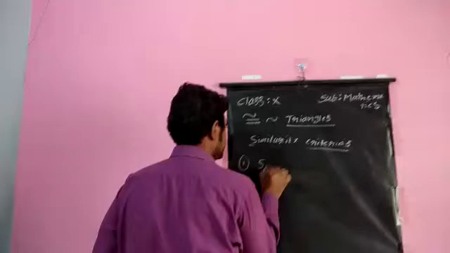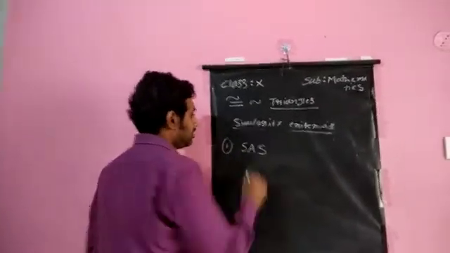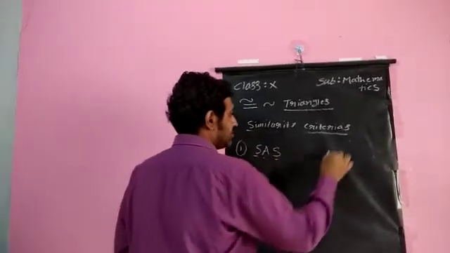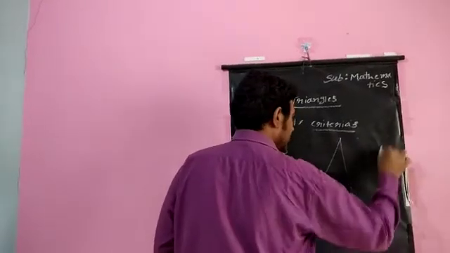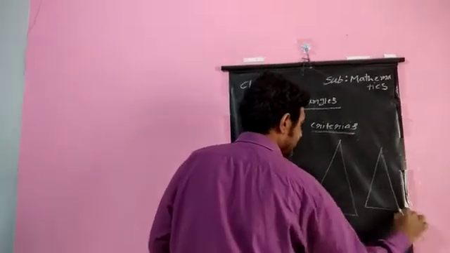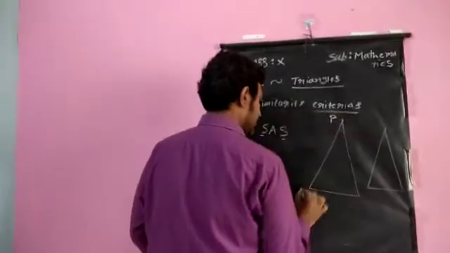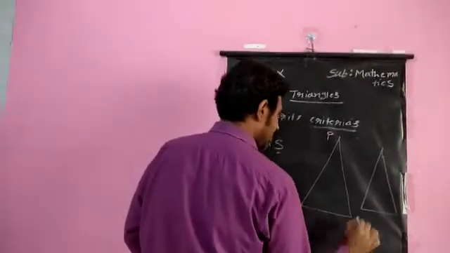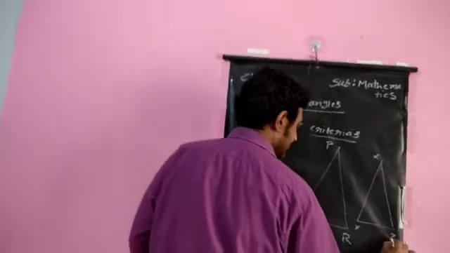And if I take the third similarity rule, that is side angle side similarity rule, we have side angle side. If I take a triangle PQR and triangle XYZ, two triangles.